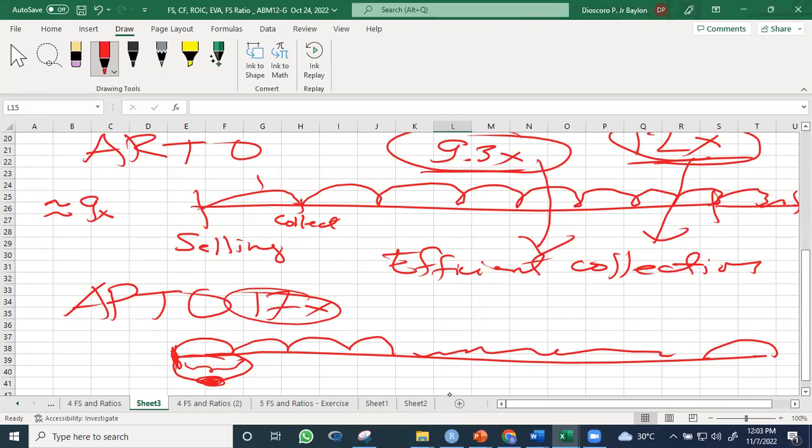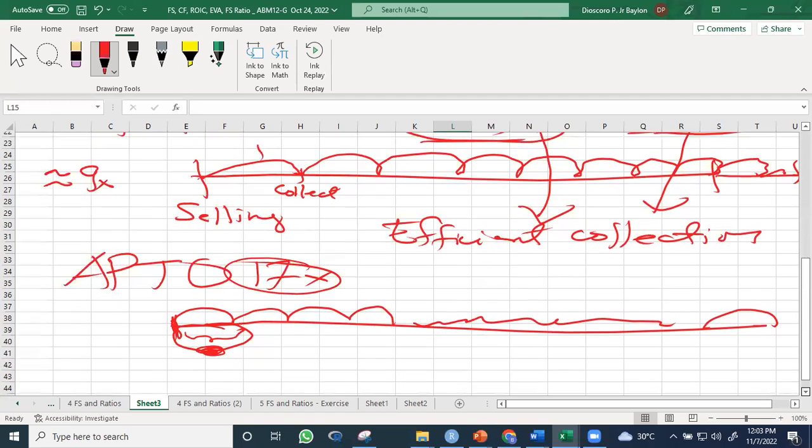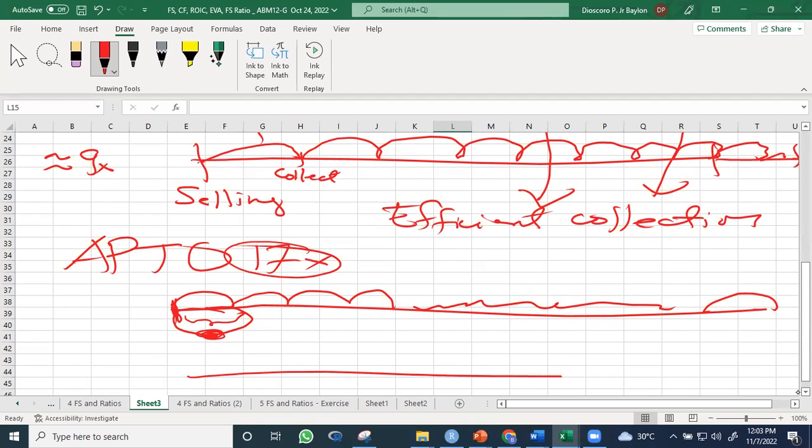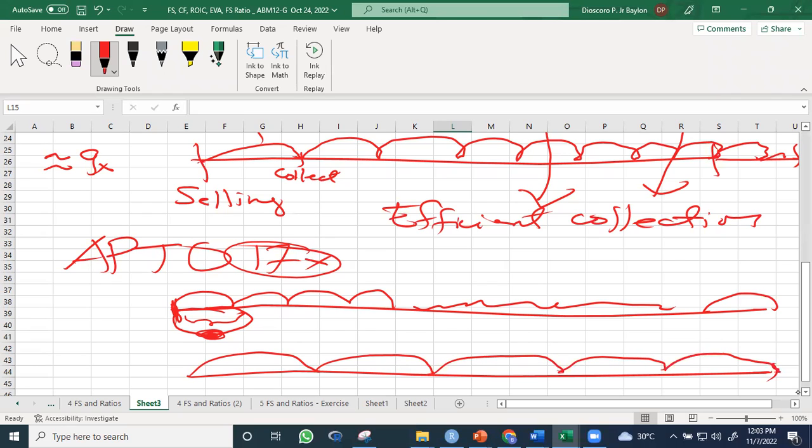So if a company has, let's say, 5 times lang yung APTO niya, 1, 2, 3, 4, 5. 5 times a year. Ibig sabihin sa isang taon na 365 days, the time it takes the company to pay its obligations, mas mahaba. Ibig sabihin, mas mahaba yung credit terms niya.